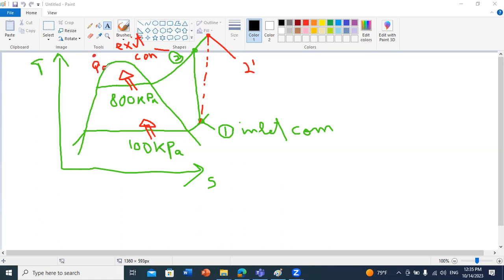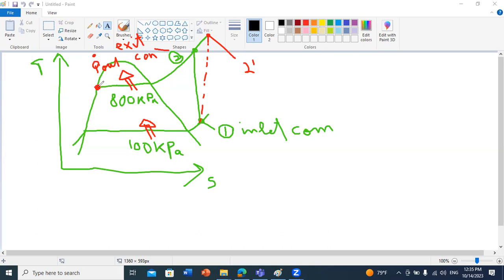And of course, to find Q dot out per unit mass, we already know H2. We need to determine H at point 3. Here they said, assume that at the exit of the condenser you have saturated liquid. This will simplify things, because if it's not saturated liquid, we need to go to compressed liquid tables, so they should provide us with those.